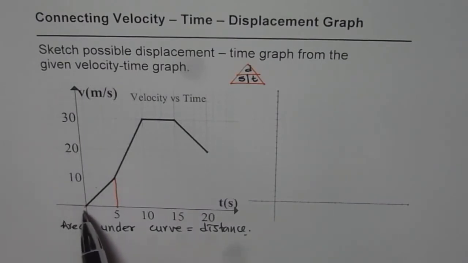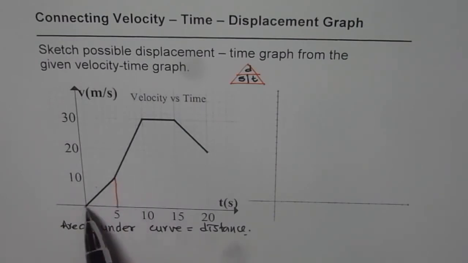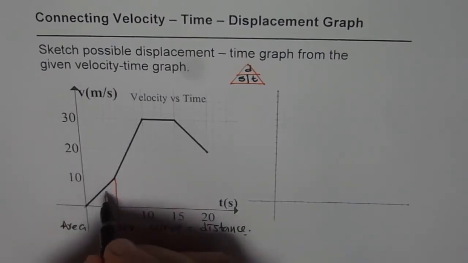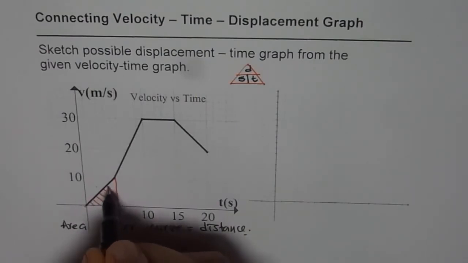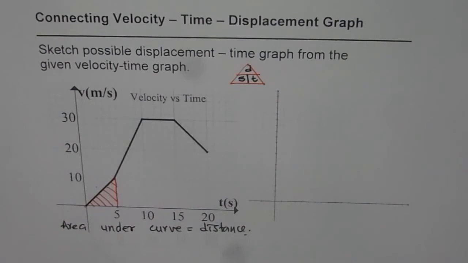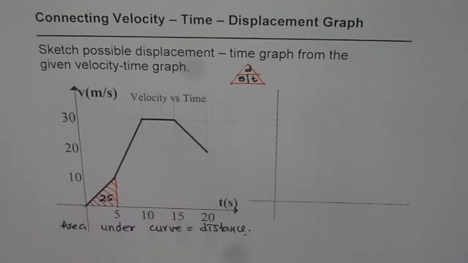So when the velocity is positive, body is moving away, so the displacement is positive. So we'll take this as positive. In first 5 seconds, we calculated it is 25, and we can also find that value by calculating area under the curve. Now area is half base into height. Base is 5, height is 10. 10 times 5, 50, half of that, 25. So we get our displacement in the first 5 seconds.